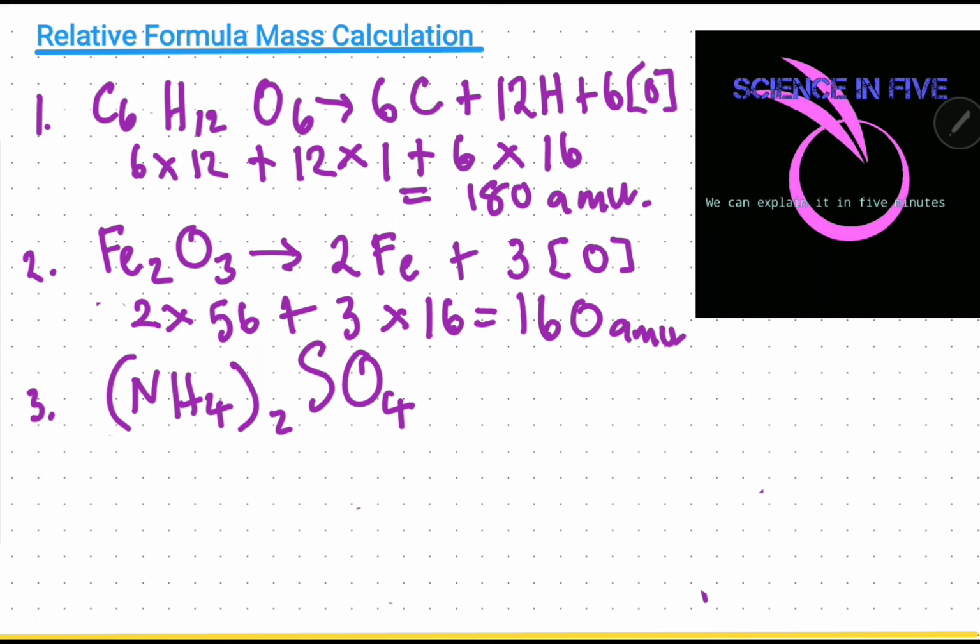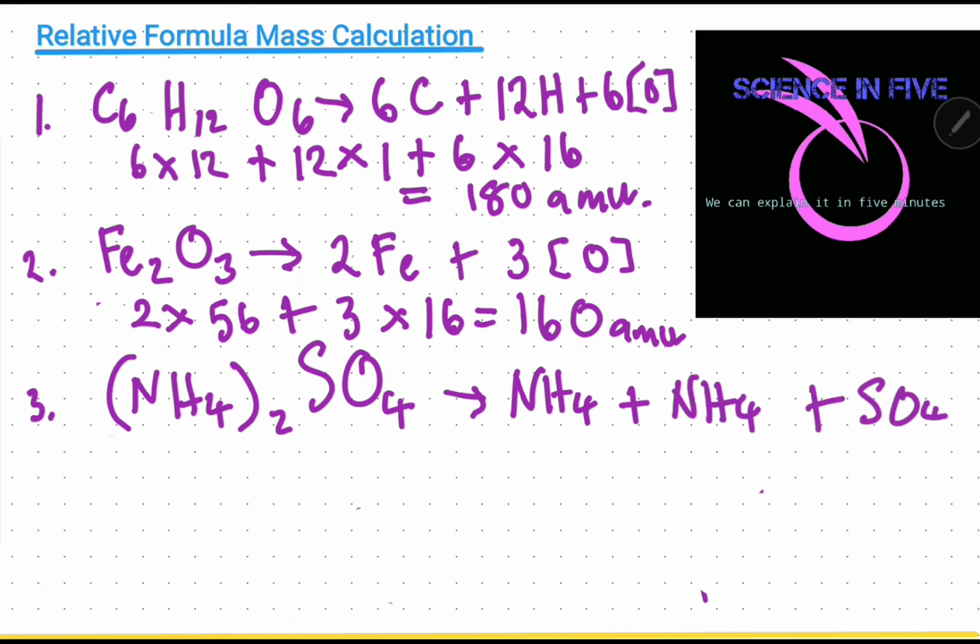You have to be careful here, but if you follow those steps, I'm sure you would have figured this out. (NH4)2, or NH4 in brackets with a little 2, means there's an NH4 and there's another NH4, right? And then there's an SO4.